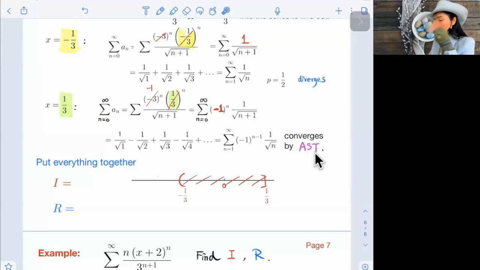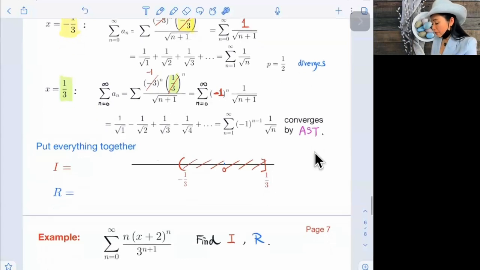Now we can put the result together. Remember last time we said the possibility is just converge inside and diverge outside. Because at negative 1/3 it diverges, we exclude that. And at 1/3 it converges, so we include that. So parenthesis here, bracket over here.